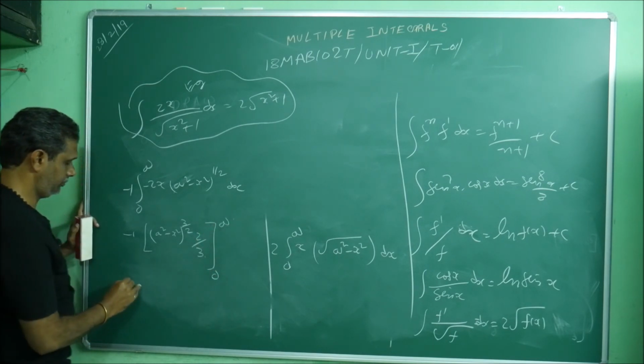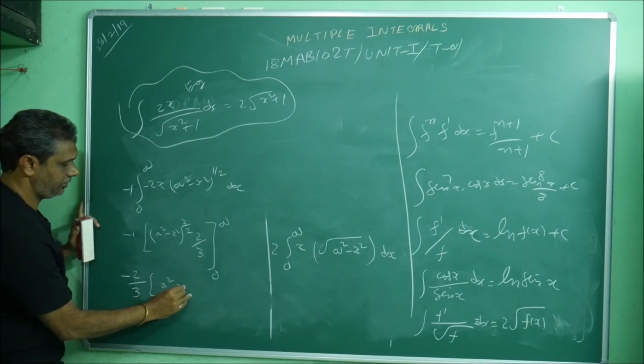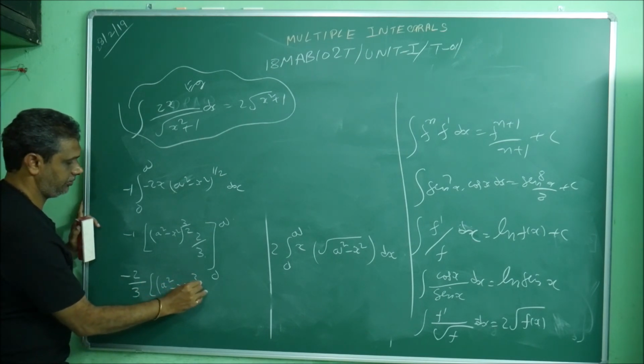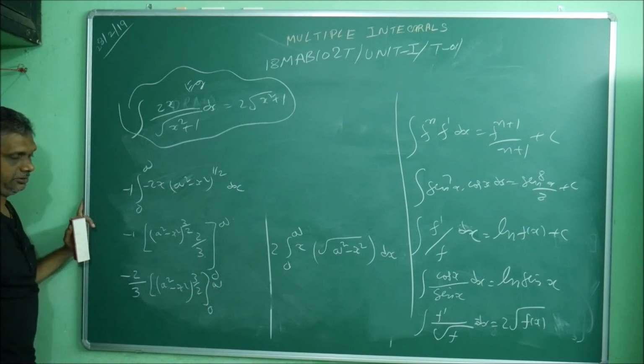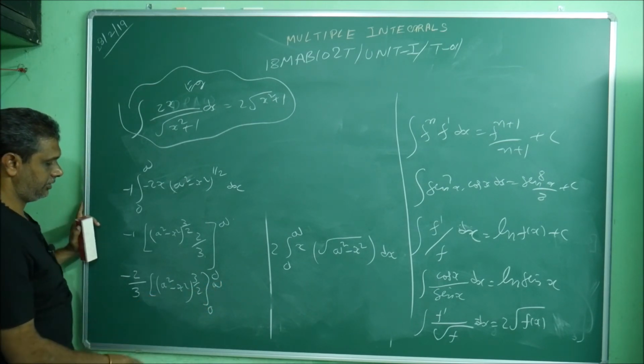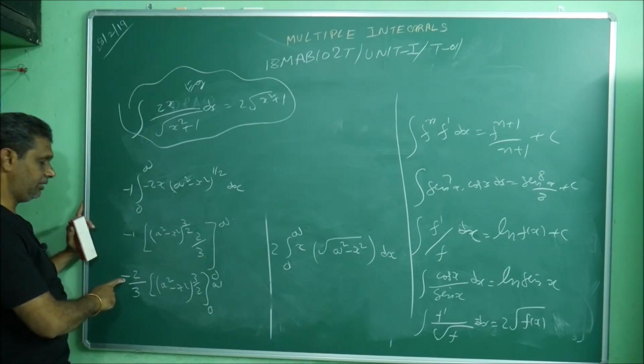From 0 to a. So minus 2 by 3, a square minus x square whole power 3 by 2, from 0 to a. See, upper limit vanishes, a square minus a square is 0. Lower limit means while applying lower limit, minus, you will get, and already minus is there.